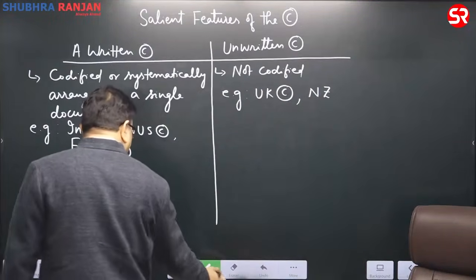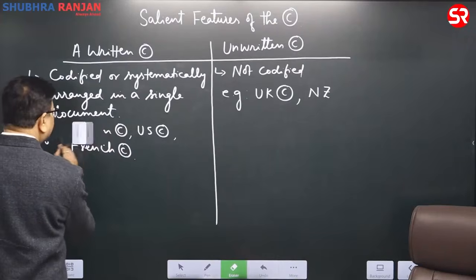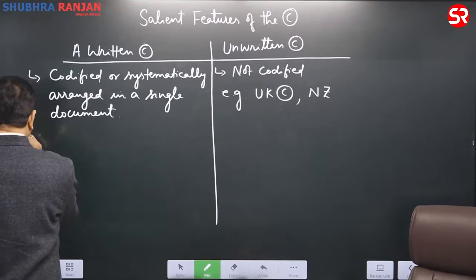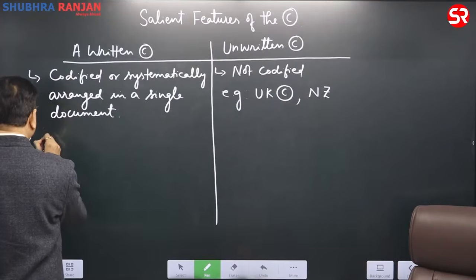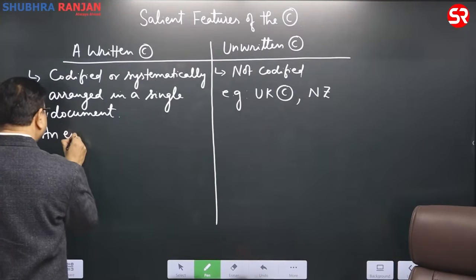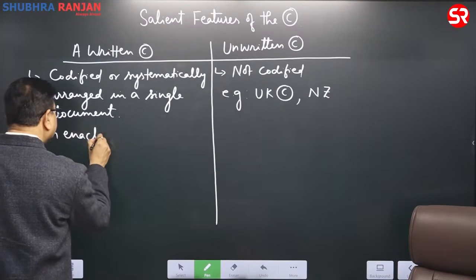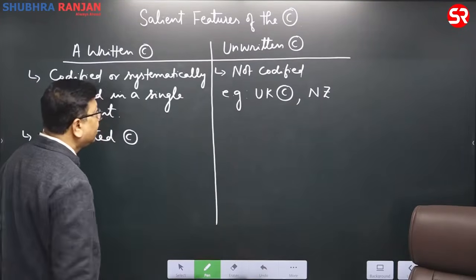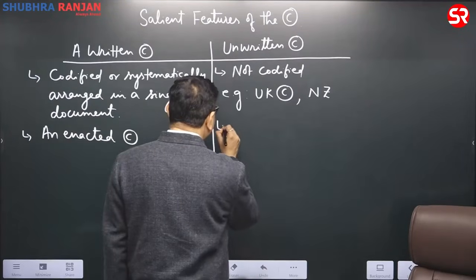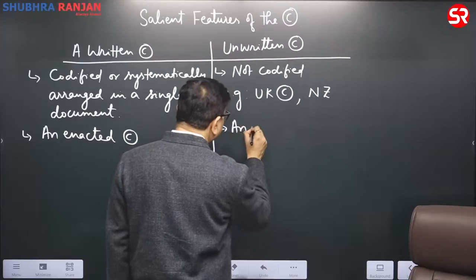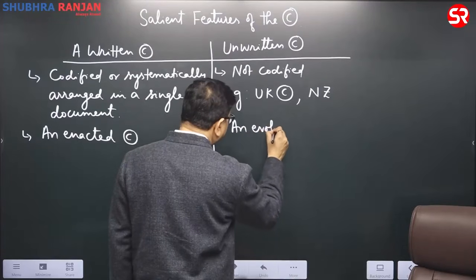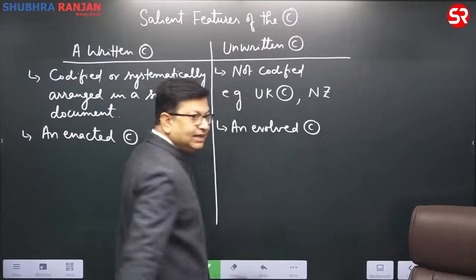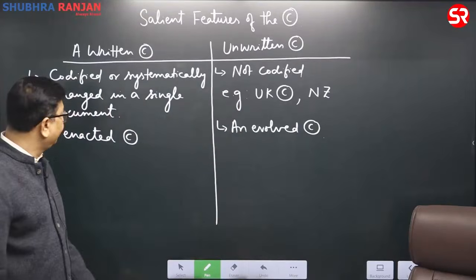Then secondly, a written constitution is an enacted constitution, whereas an unwritten constitution is an evolved constitution.